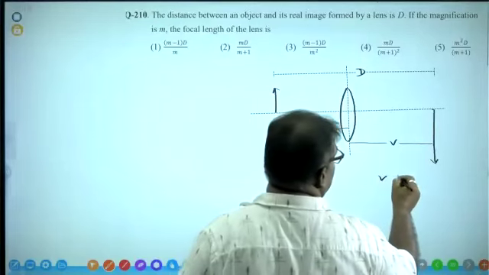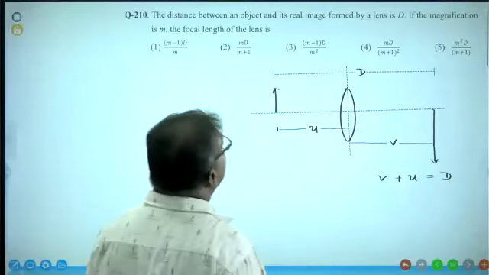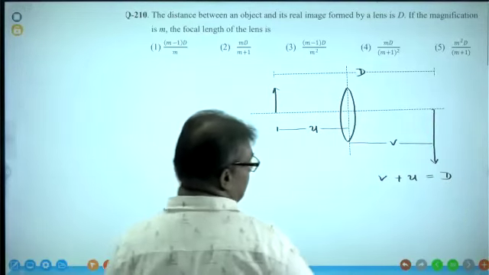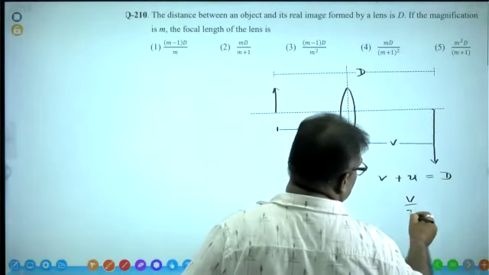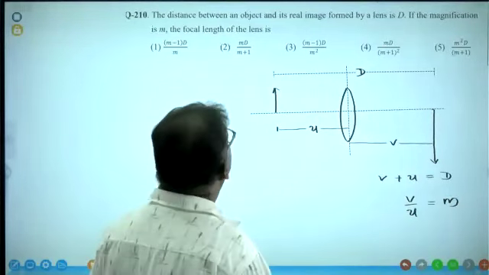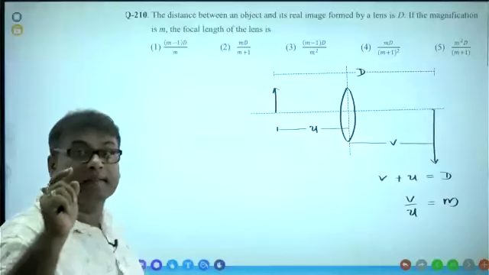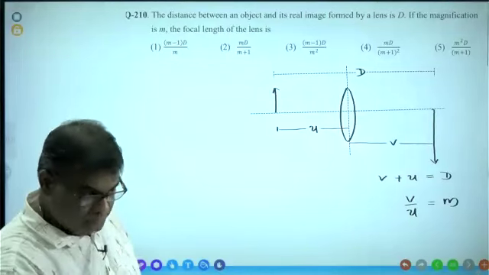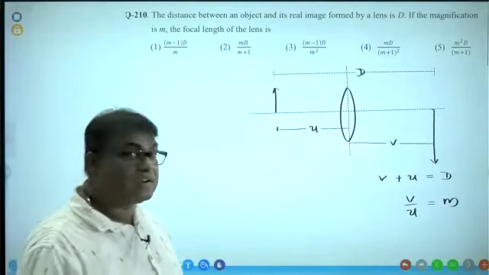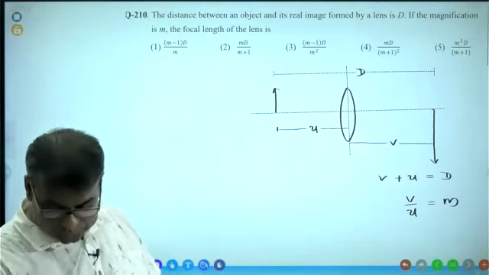First thing, v plus u equals d, and magnification is m. v over u is m. The focal length of the lens is, can we take 3 minutes to complete this one? Right. Let's start now.